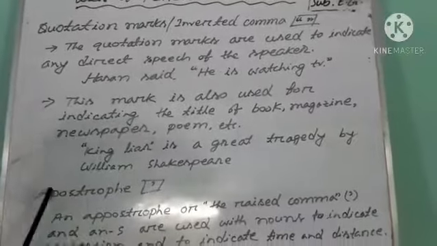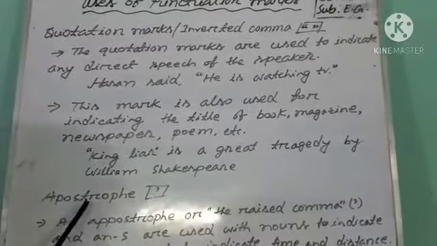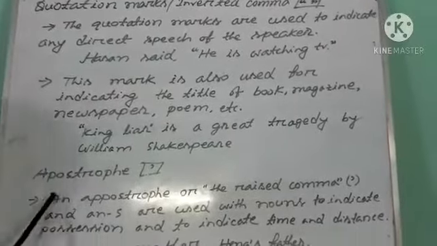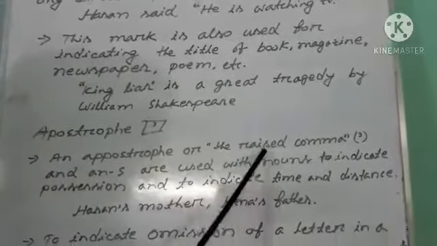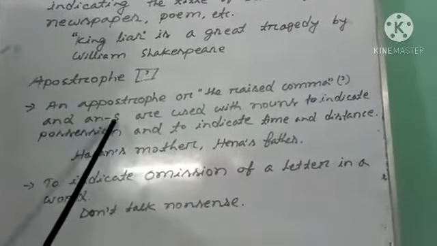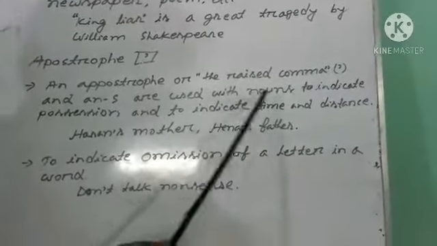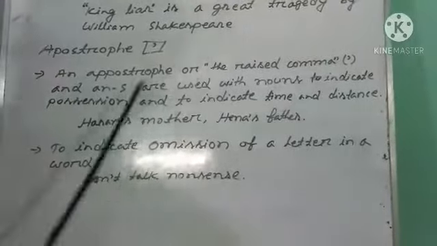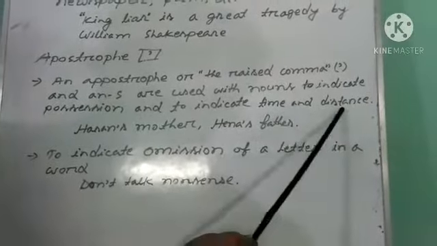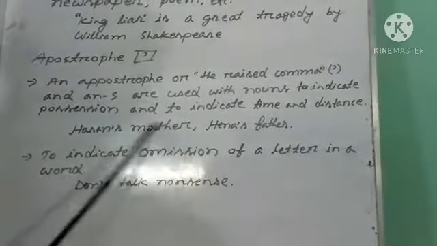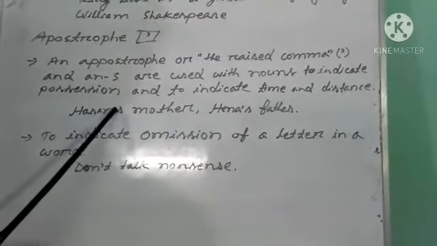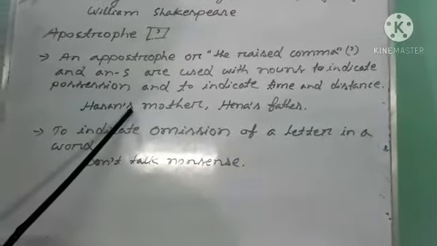Now, children, we are going to learn when we use an apostrophe in our sentence. An apostrophe, or the raised comma, and an s are used with nouns to indicate possession, and to indicate time and distance. For example, Hassan's mother. Hassan is a noun, and with Hassan we use an apostrophe with an s.